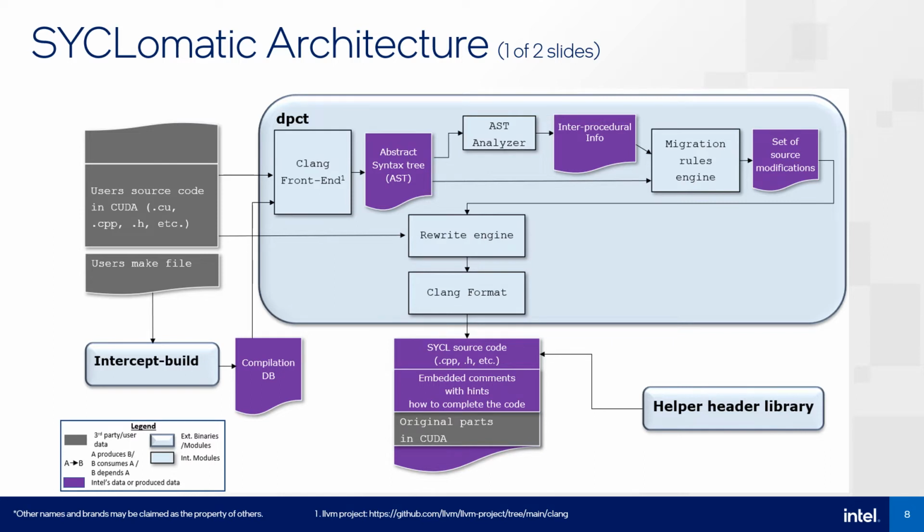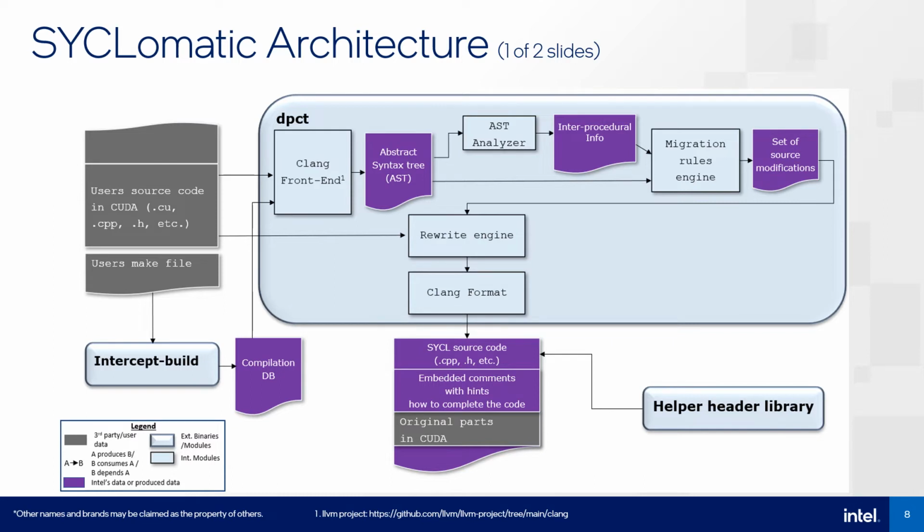Helper header library. It provides helper functions to assist the migration of CUDA code. These header files written in C, C++, and SYCL are intended to become part of the migrated code generated by SYCLomatic.